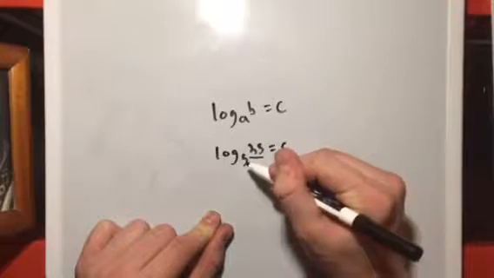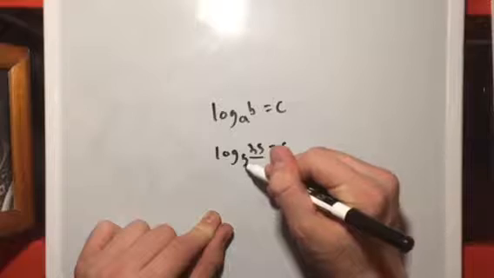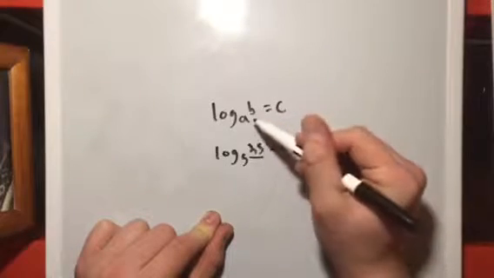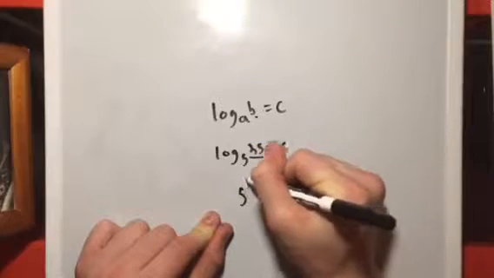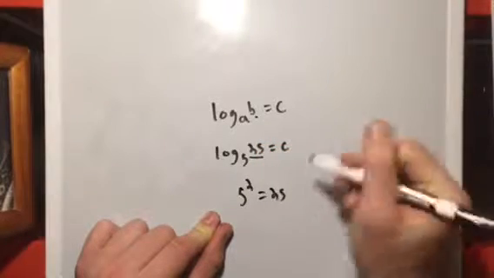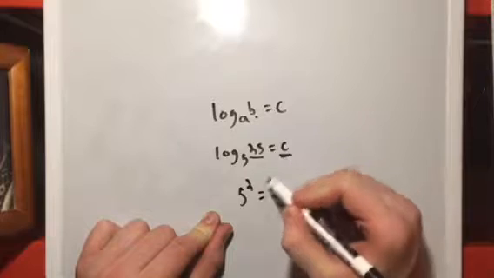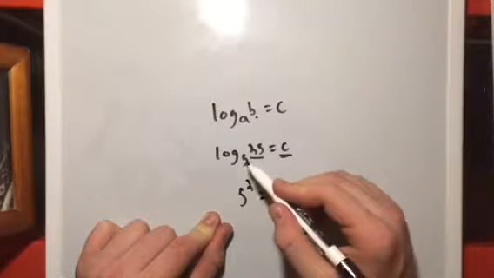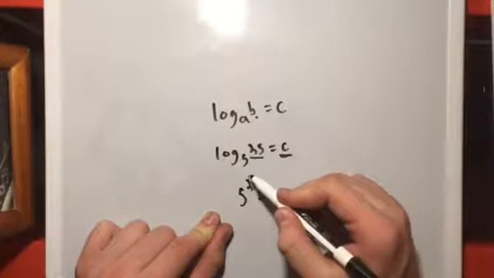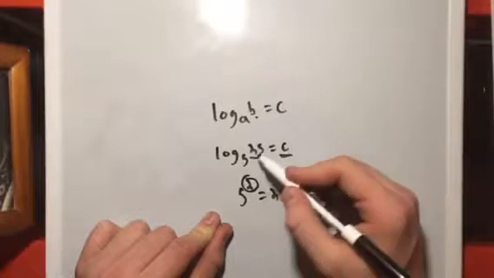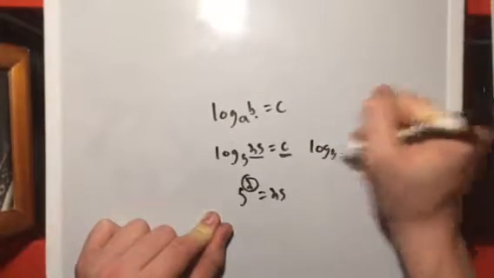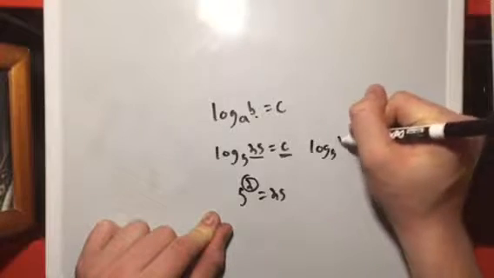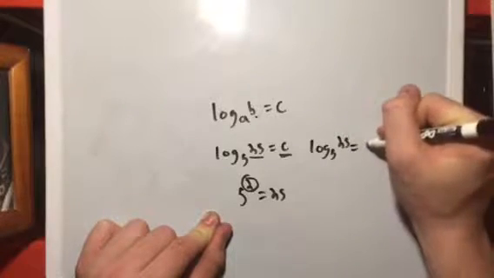So you're figuring out the power of which this number, A, goes into B. So we know that 5 squared equals 25, and C is the power of which this number fits into this number. So log base 5 of 25 equals 2.